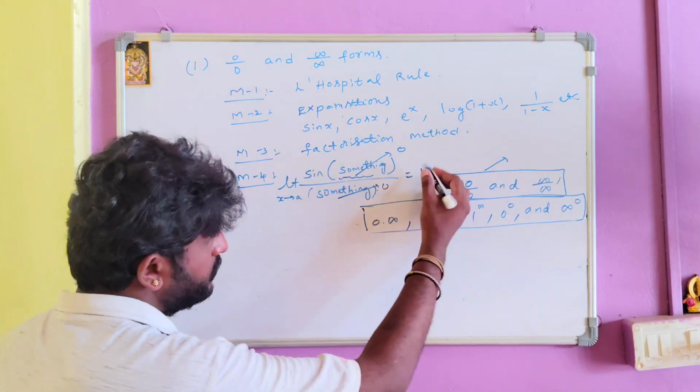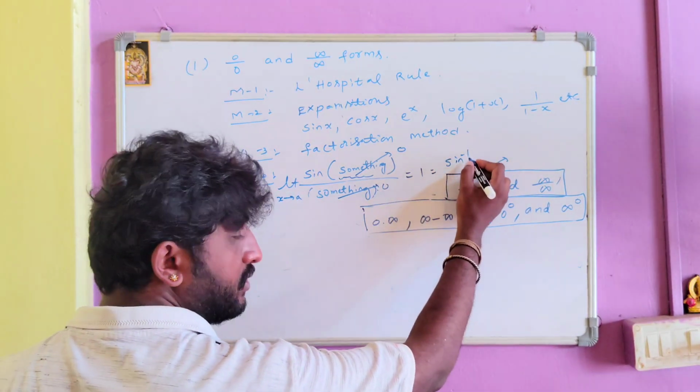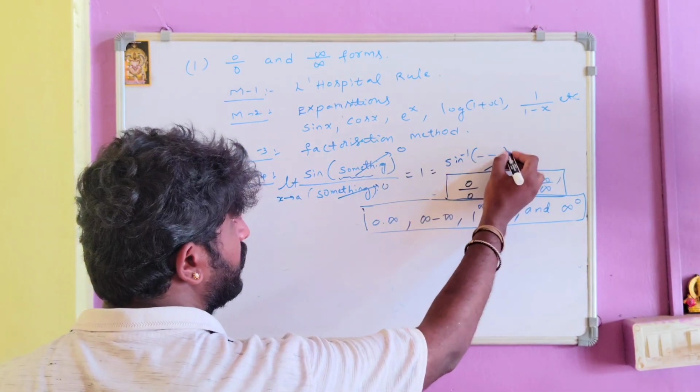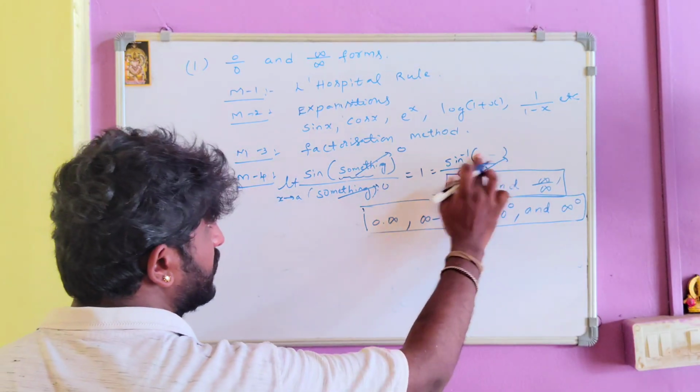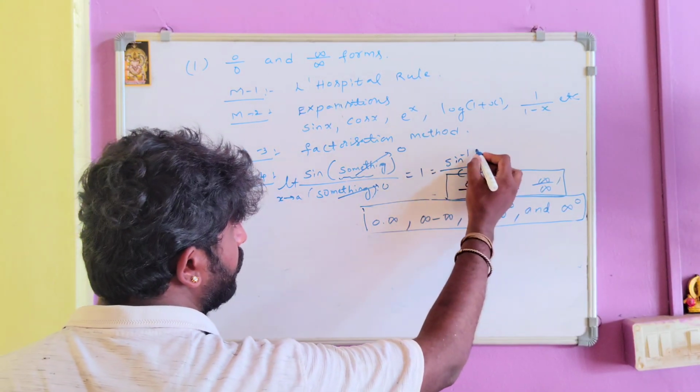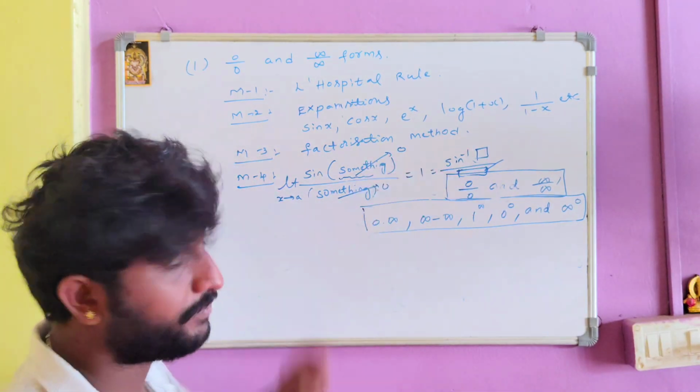This is also the same as sine inverse something by something. Instead of writing something I use a box, which indicates something.